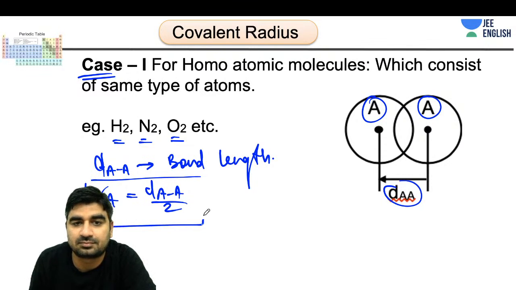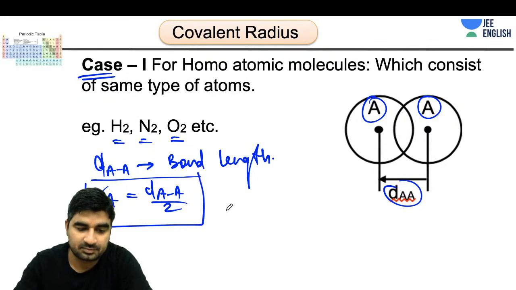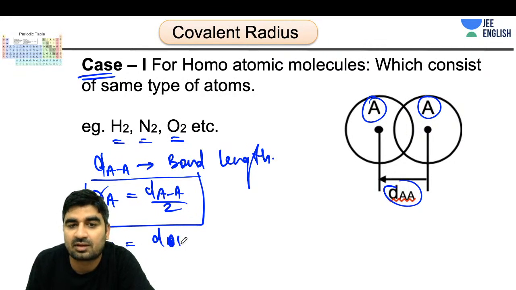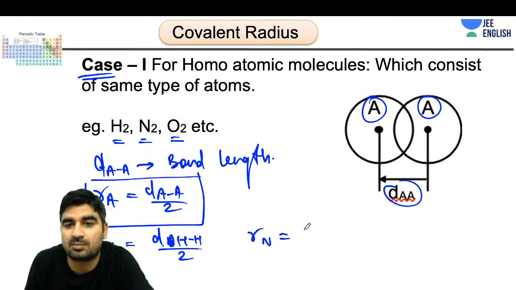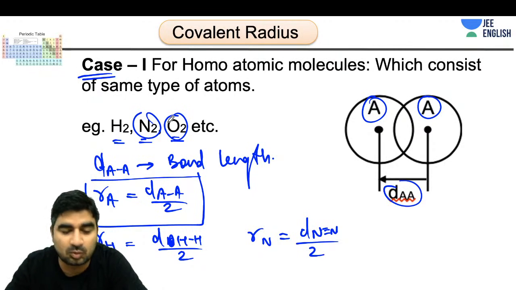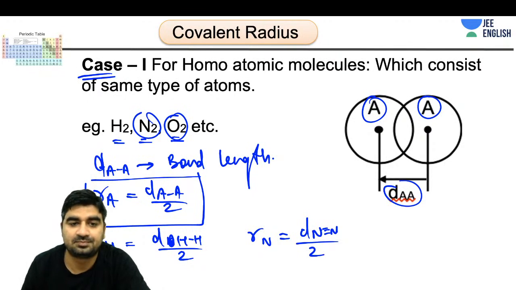Got it? Any doubt? Please ask me. So similarly, if you want to find out the radius of hydrogen, it will be the bond length between H and H divided by 2. Radius of nitrogen will be the bond length N-N divided by 2. In case of N2 and O2, you know that there are 3 bond pairs and 2 bond pairs respectively.